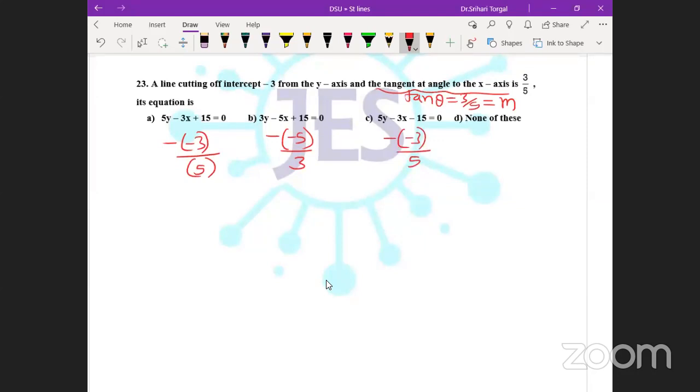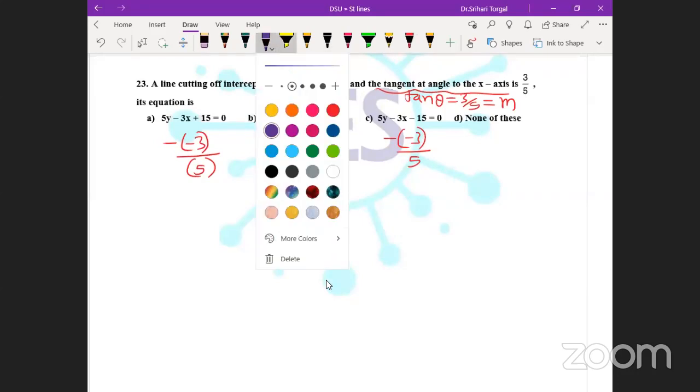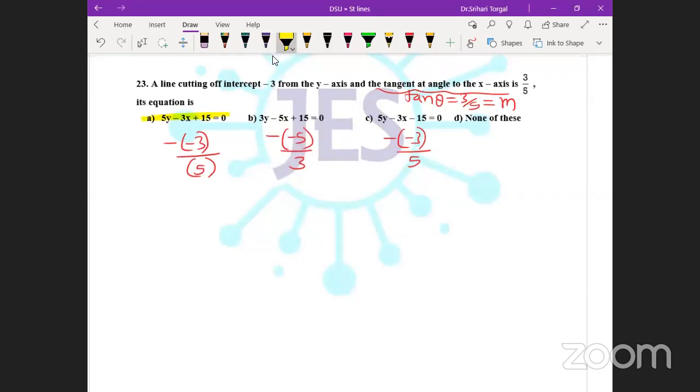See here, option A and C, these two have -3/5 as the slope. And now we have to calculate the y-intercept of that. If the y-intercept is -3 in option A and option C, we'll check it out for option A and C here.